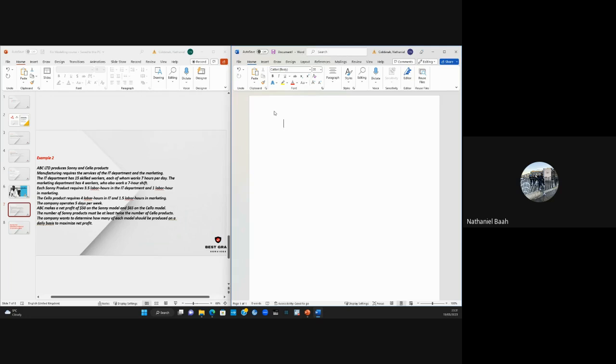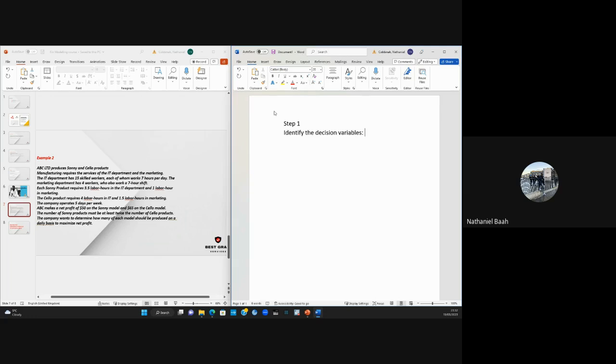So the first step, in order to formulate and solve a linear programming model or linear optimization model, is to identify the decision variables. And we found out that the decision variables are the unknown variables that the question seeks to obtain.